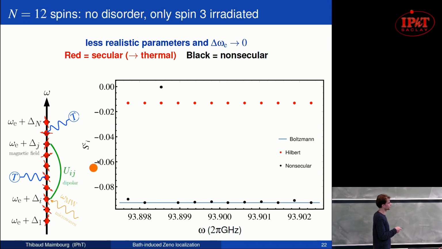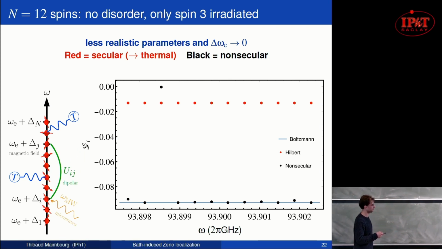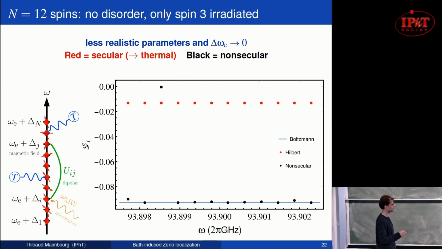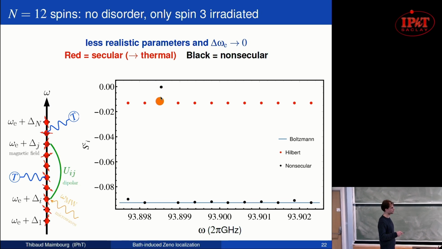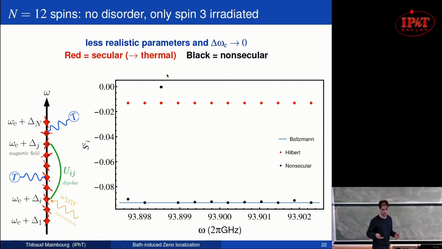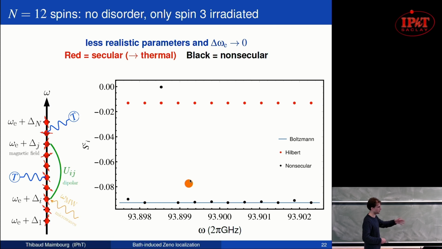And now, if you measure in the steady state the magnetization, the polarization along Z, what you see is that, if I take this equation I told you about, this non-secular equation, the third spin goes to zero polarization, which means very high temperature, because the microwave is pumping energy towards this spin, while all the rest stay at the Boltzmann value, as if the microwaves did not exist.